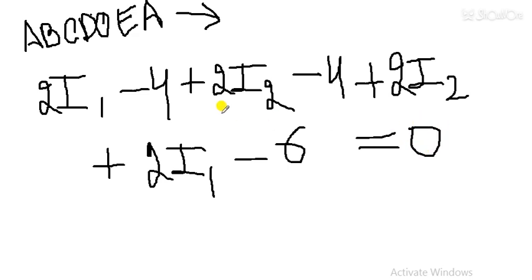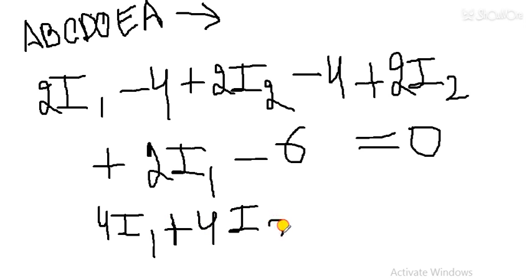So now I have to take it 2I1, 2I1, 4I1. So that means 4 times I1 plus 4 times I2. 6 and 4, 10, 10 and 4. So this equation we got 4I1 plus 4I2 minus 14 is equal to 0.